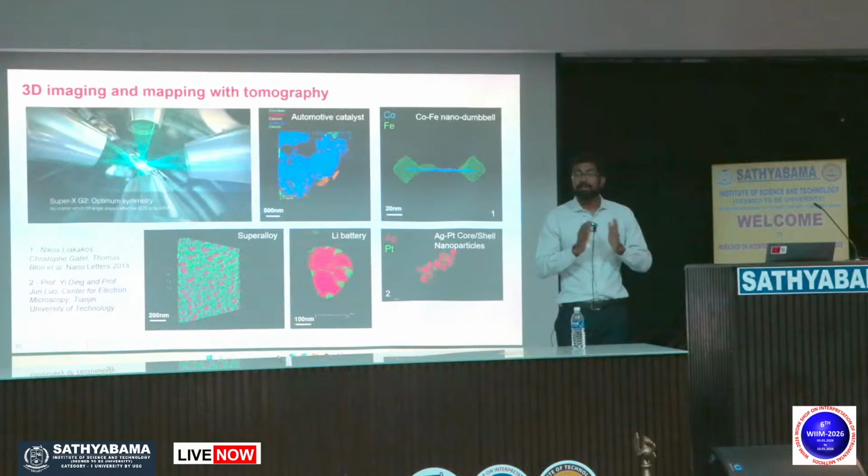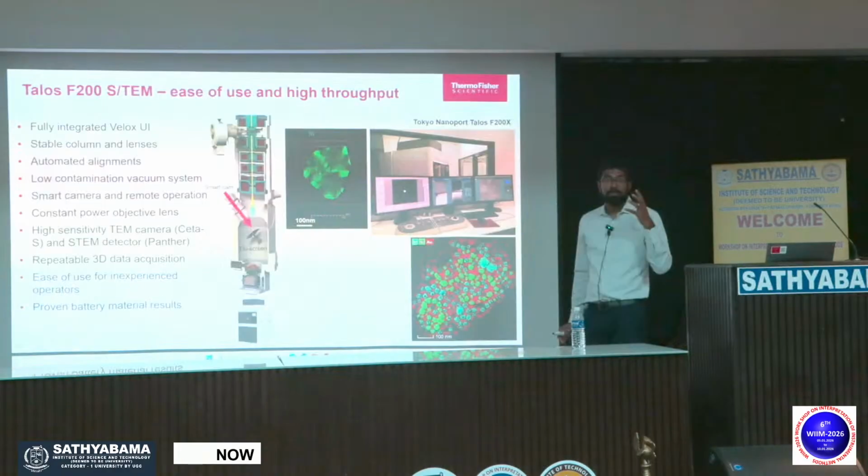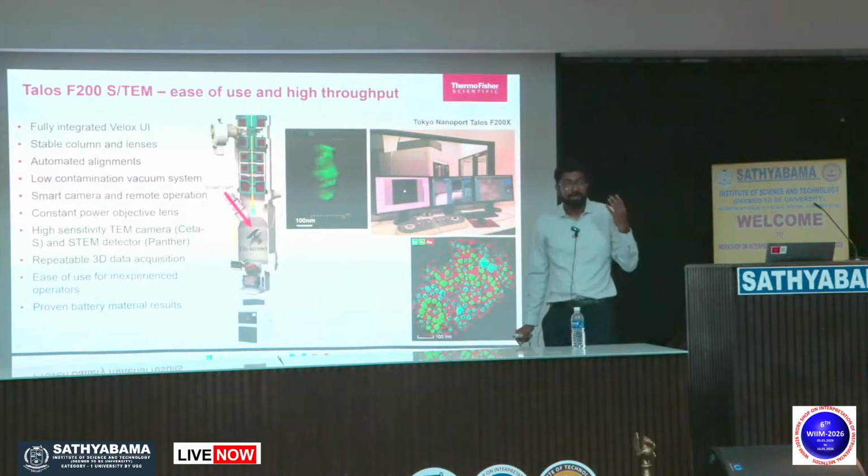Here you can see all the things we discussed from the top: TEM imaging, STEM imaging, then EDS, and then tomography, 3 dimensions. This is a normal strategy for how to use it. I hope you understand now what can be possible from your samples, and this all depends on your samples, how you do it, how you analyze.